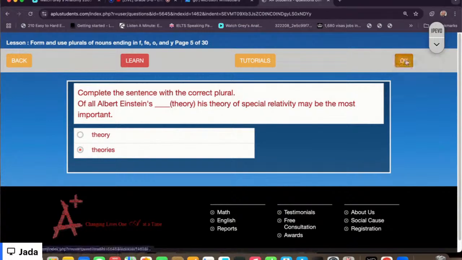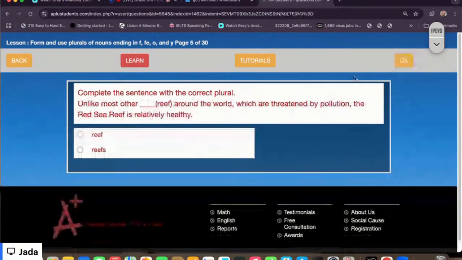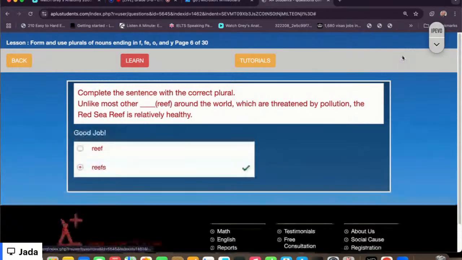Okay. So, unlike most other reefs around the world which are threatened by pollution, the Red Sea reef is relatively healthy. So, which of this here? Reefs. Okay.